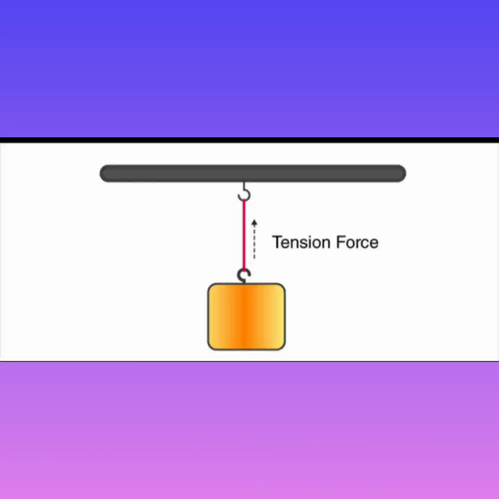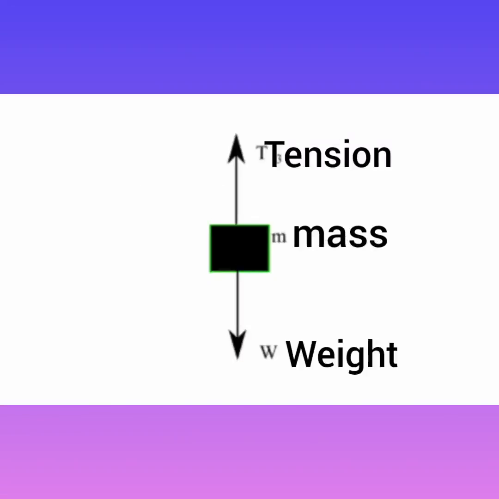But if the string breaks, it will fall down. For a stone tied to the string, gravity pulls down the stone all the time, but it does not fall because it is supported by the string. Thus, there exists a force which supports the stone against gravity by pulling it upward. That force is called tension.